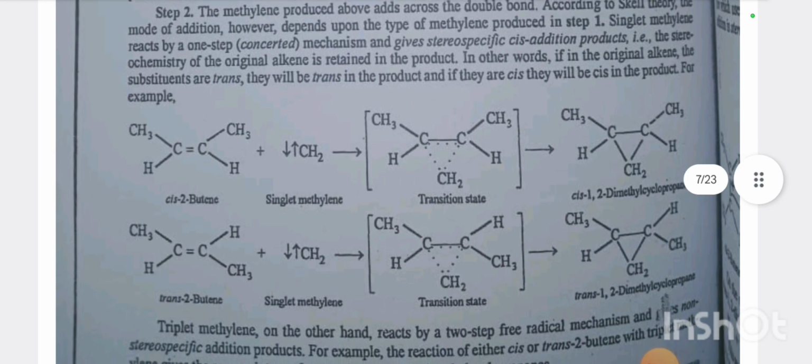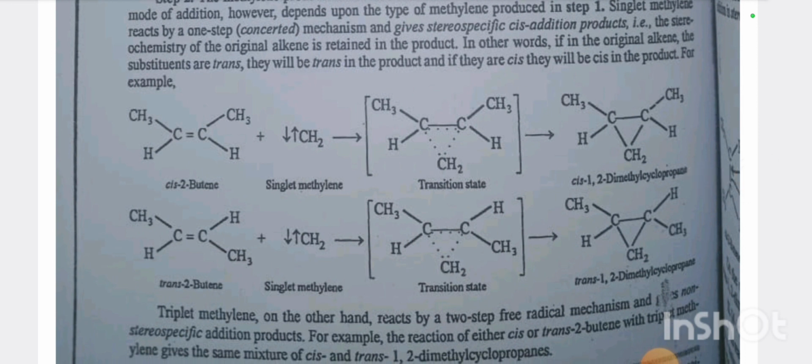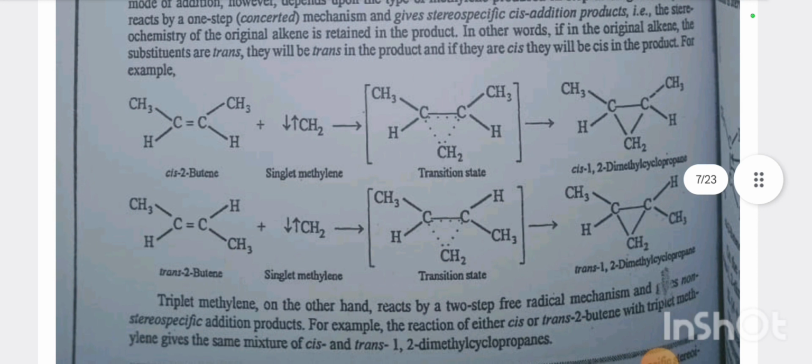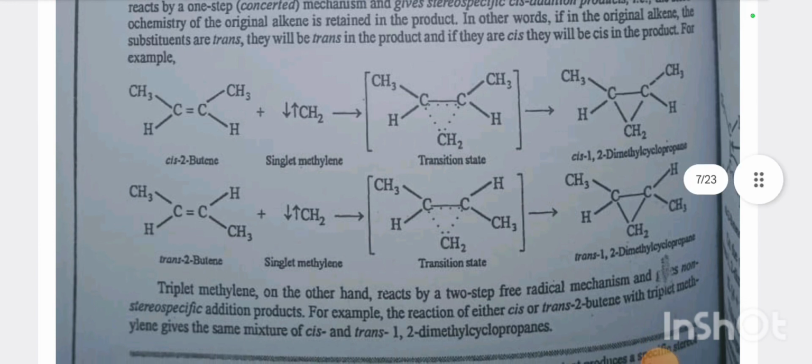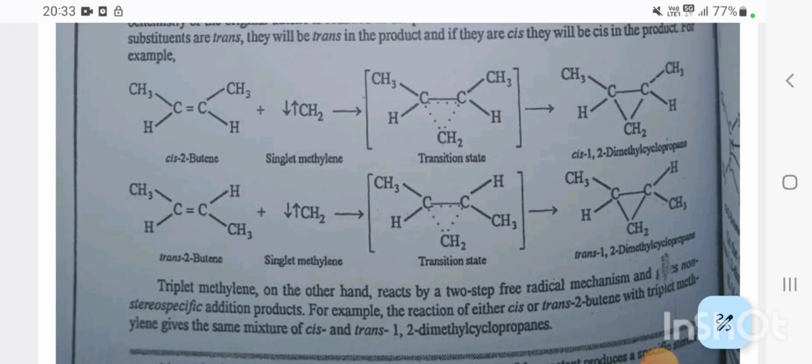Step 2. The methylene produced above adds across the double bond. According to Skell's theory, the mode of addition, however, depends upon the methylene produced in step 1. Singlet methylene reacts by a one-step concerted mechanism and gives stereospecific syn addition products. The stereochemistry of the original alkene is retained in the products. In other words, if in the original alkene the substituents are trans, they will be trans in the product, and if they are cis, they will be cis in the product.